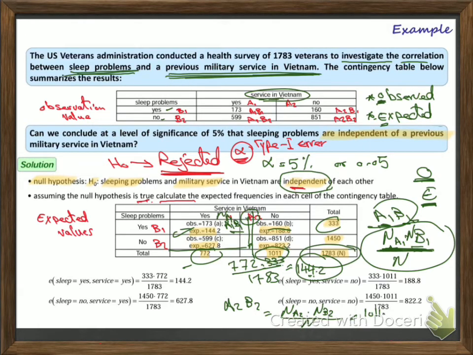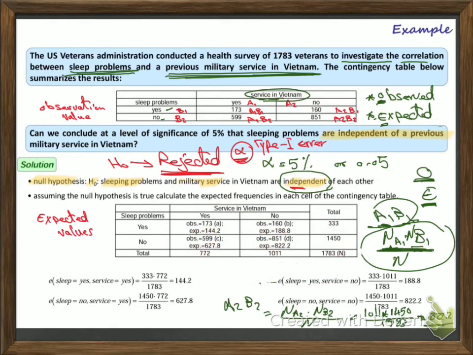In B2, the total number is 1415, divided by 1783. So the answer will be 822.2, okay, which is this number, 822.2.